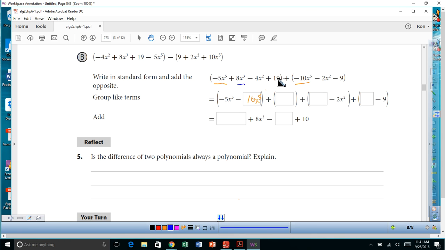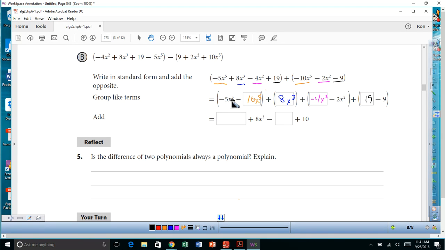We got 8x to the third, and there's no x to the third over here, so that's by itself. We have minus 4x squared and minus 2x squared. No x's, but we have a constant 19 and a minus 9.